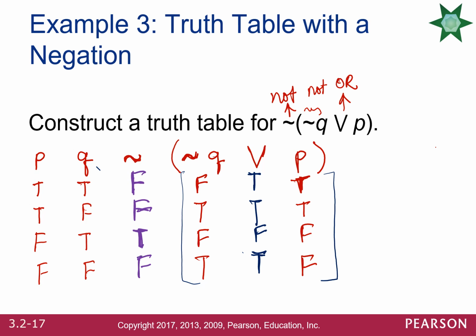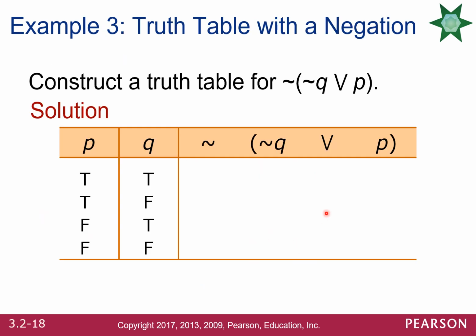So the final answer is what we have here under the first not symbol. The final result of this statement is going to be F, F, T, F. So here is the solution that they have provided to us.